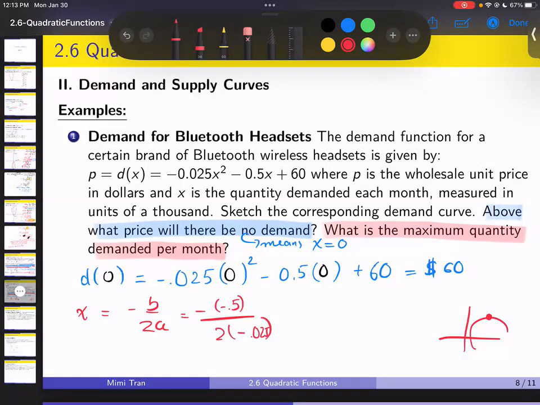Did I copy the problem wrong? What is the maximum quantity demanded per month? Yeah, maximum quantity is just X. Okay, I'll tell you why I'm unhappy. I got a negative value. That makes me unhappy. You can't have negative headsets.